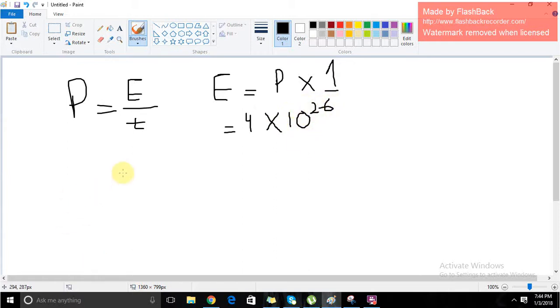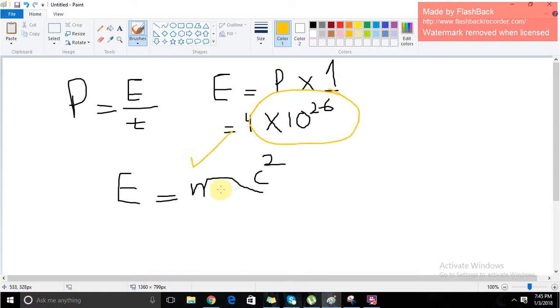And you know this whole E is equal to mc squared shenanigans, right? And you want to know the loss in mass per second. So what you do is you basically divide this value of E by c squared, and the value you get is the mass, and it will be in kilograms. And you'll probably get a very small value, so don't get freaked out.